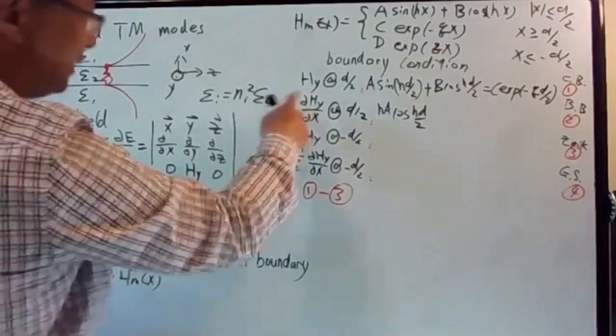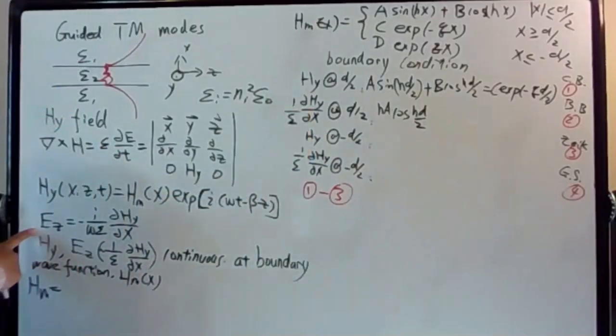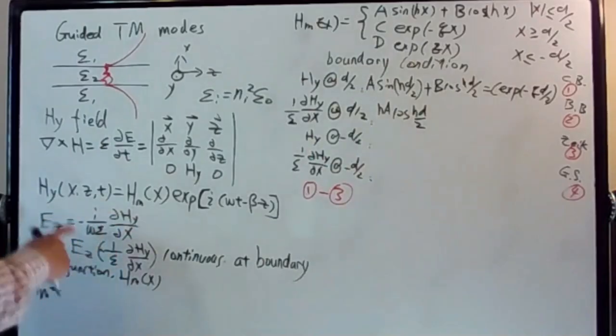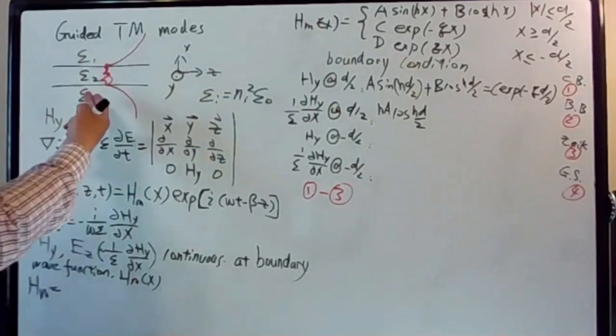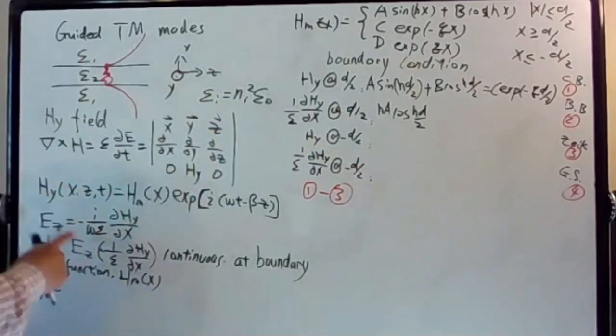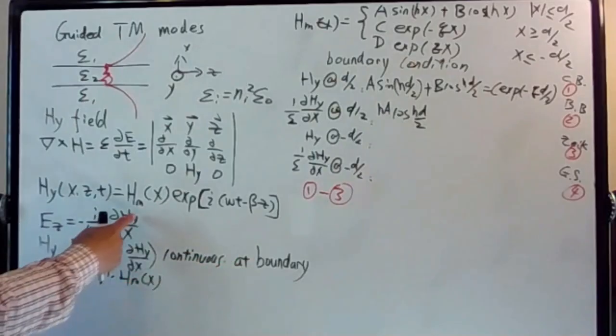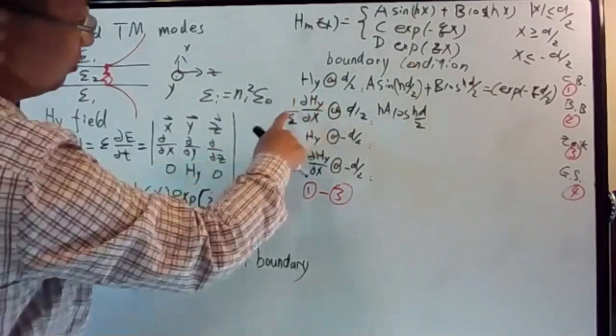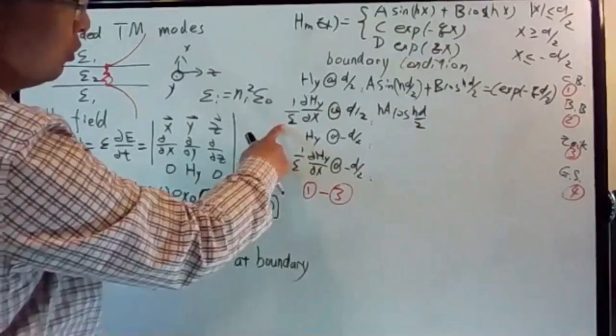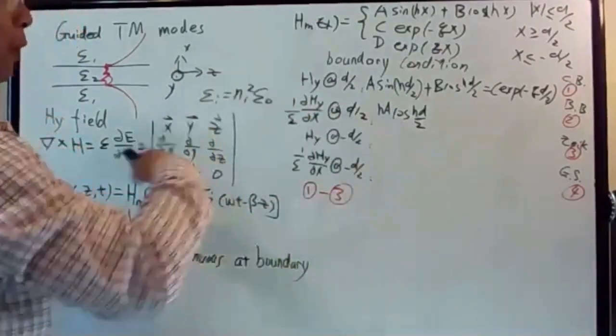It's the E_z continuous, meaning that this piece is continuous. Because the epsilon is different, you look at omega is the same, i is the same, negative, we don't care. So the whole thing is continuous, but the epsilon is different, so we need to include the epsilon from both sides.